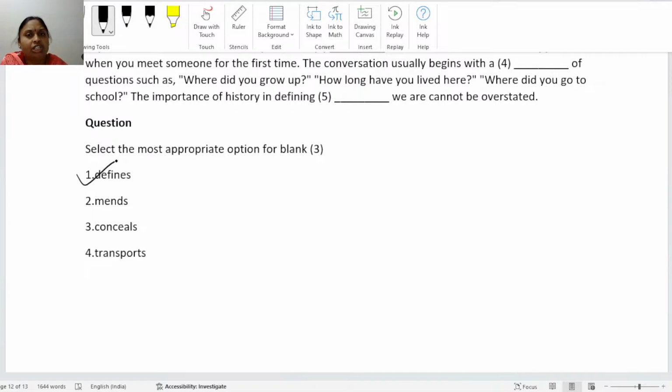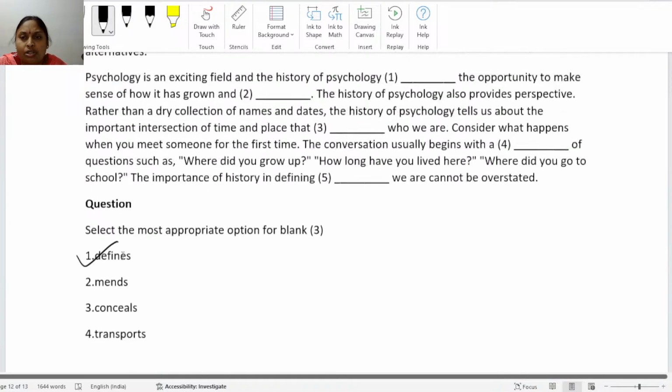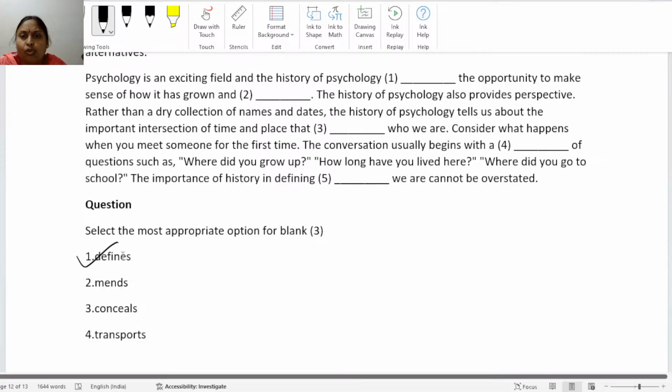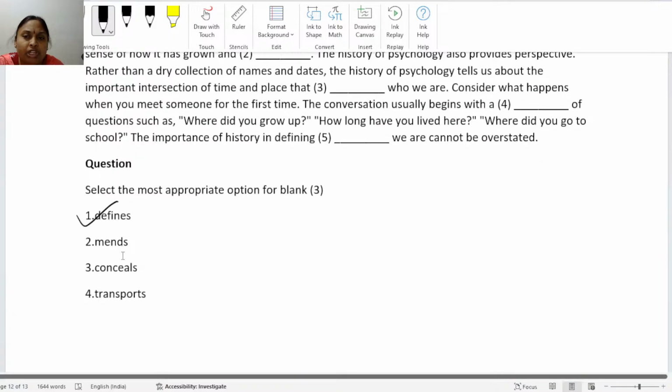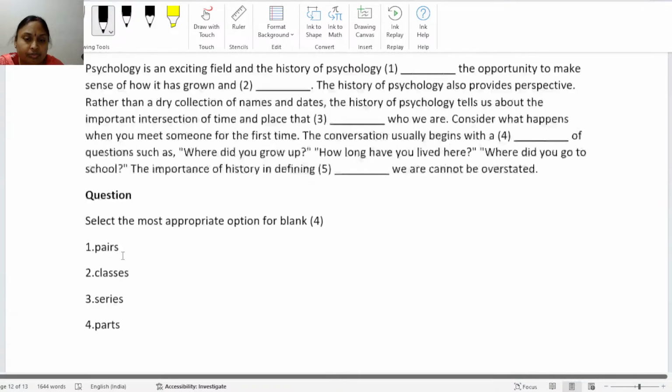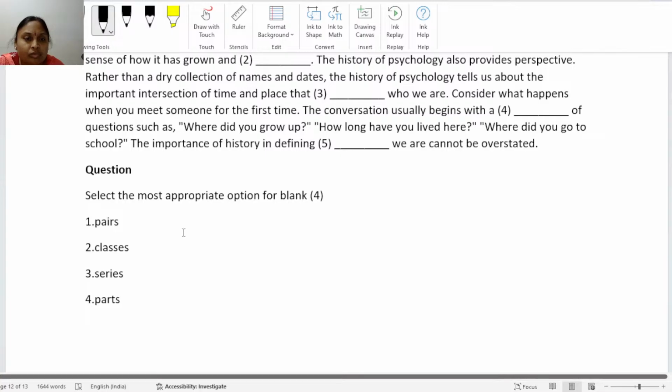Defines is nothing but that is going to express something. Consider what happens when you meet someone for the first time. The conversation usually begins with a dash. So here select the most appropriate option for the blank.